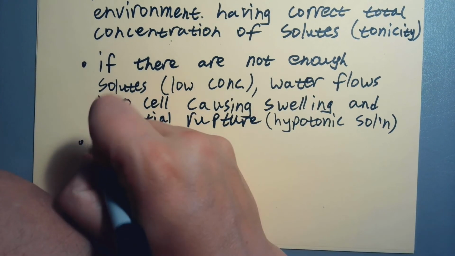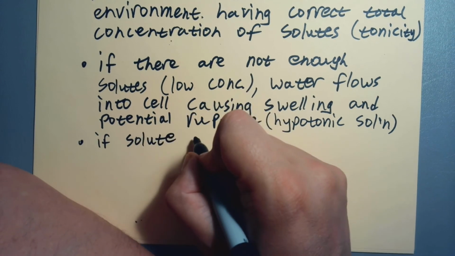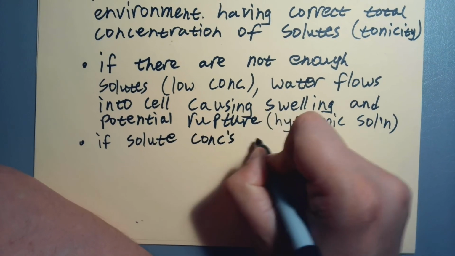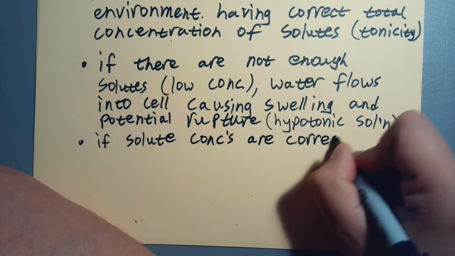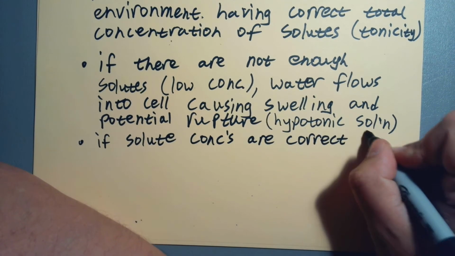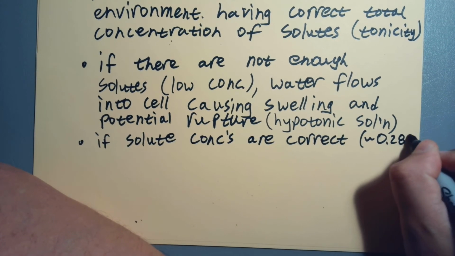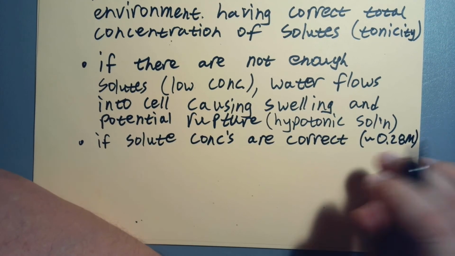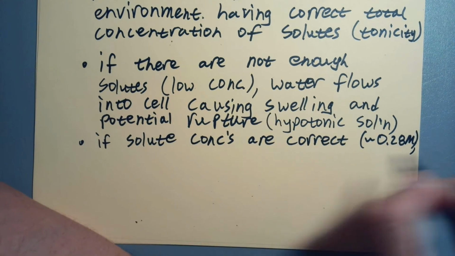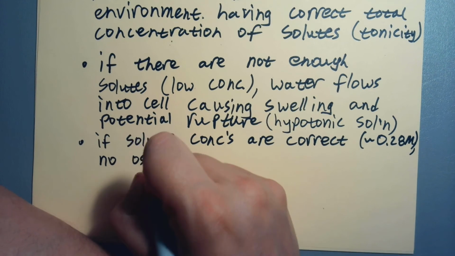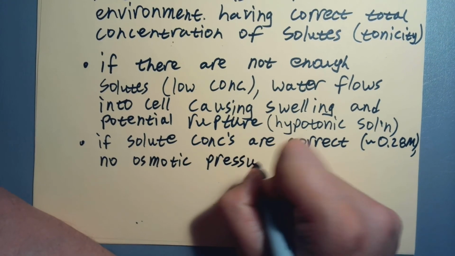So if solute concentrations are correct, and that's about 0.28 molar, that's what we want in our bloodstream, then there is no osmotic pressure on the cell.